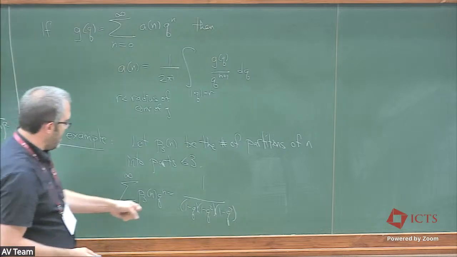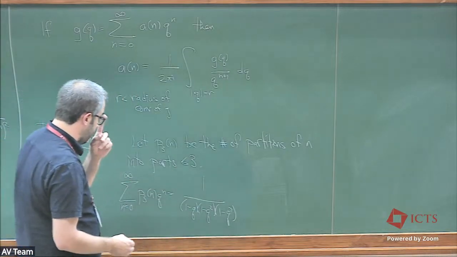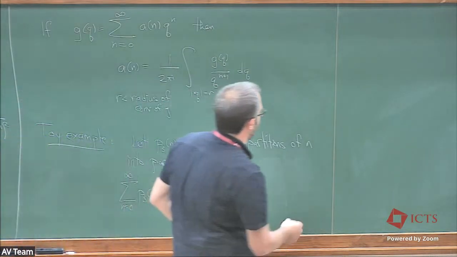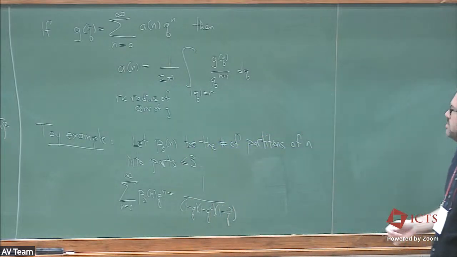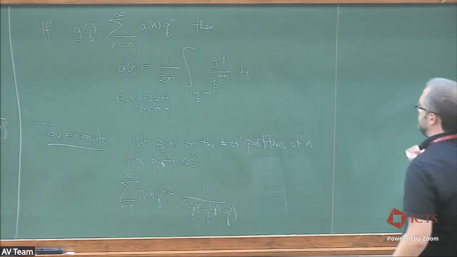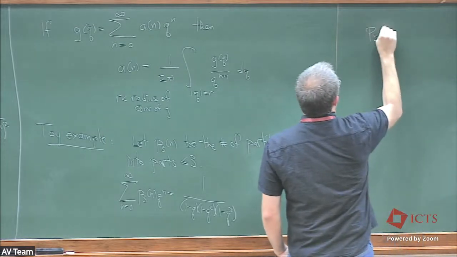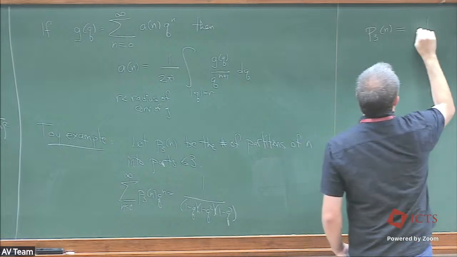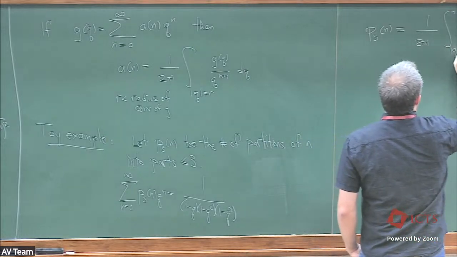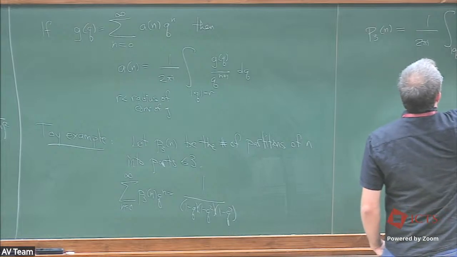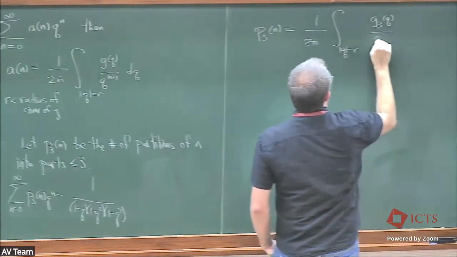Well, this is a nice clean formula, and it's going to let us do something in this case that you actually can't do in the case of partitions, but I'll explain that in a minute. So p3 of n is 1 over 2 pi i, the integral over absolute value of q equals r, of g3 of q over q to the n plus 1 dq.